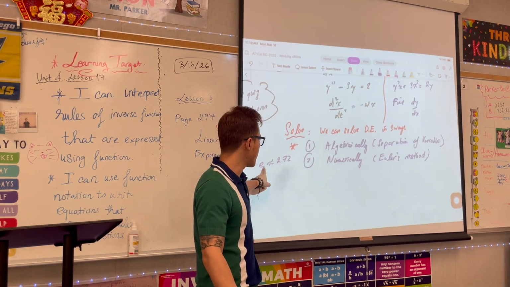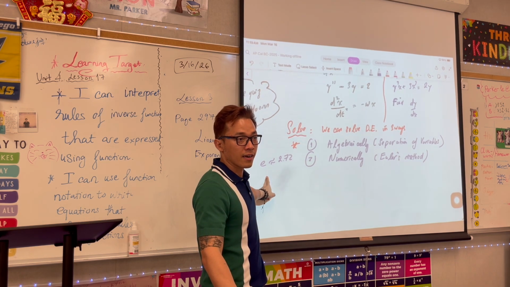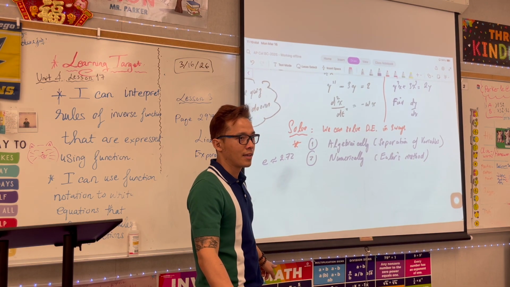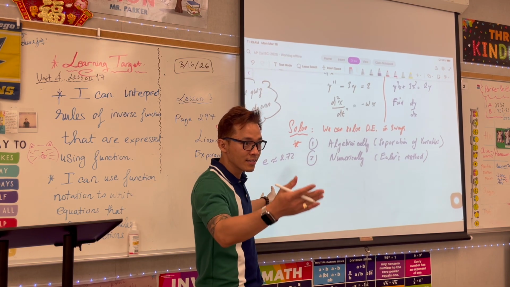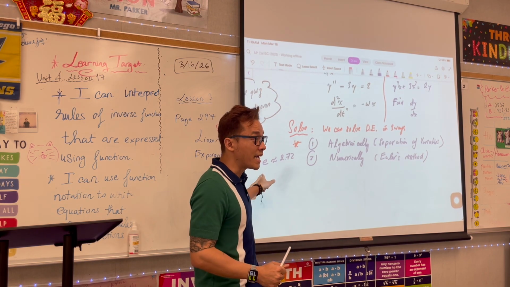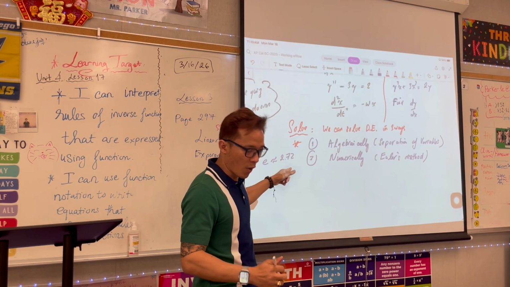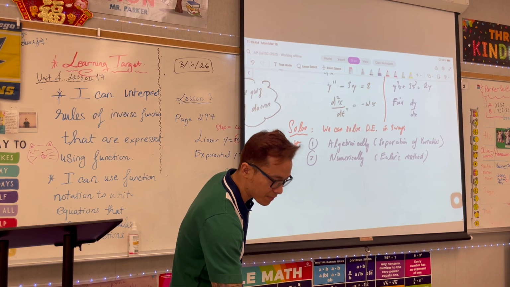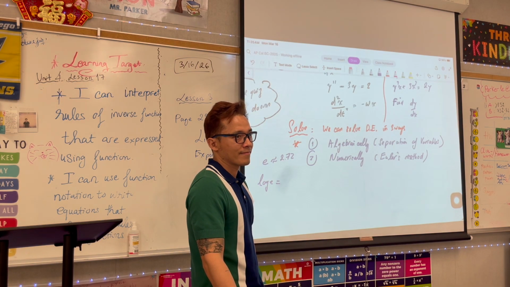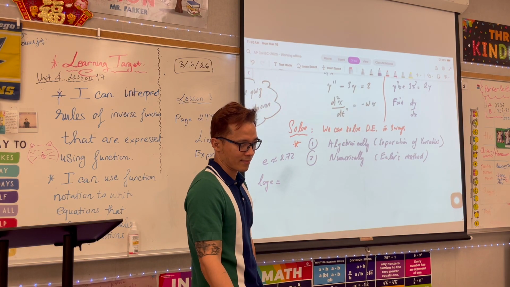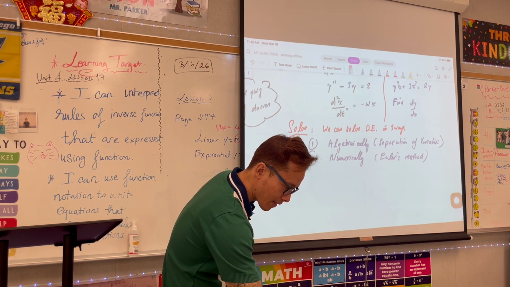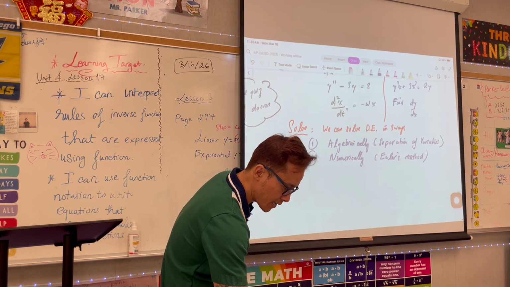Why is E here? Because log E is... log E is 0? It cancels out. Okay, log base E is ln.